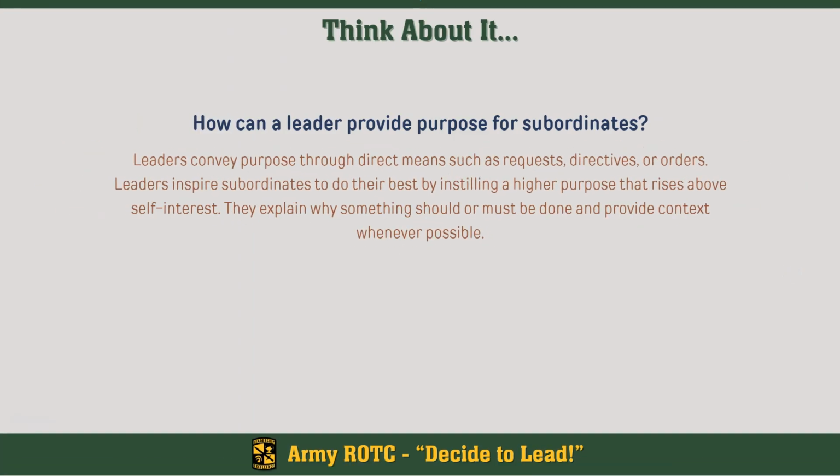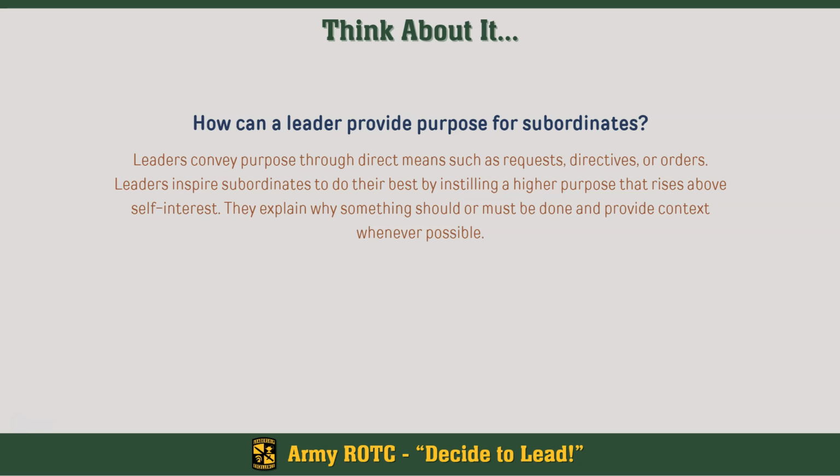All right, so now let's think about this. How can a leader provide purpose for their subordinates? How can they provide that big picture, that context, the reason for getting things done? Well, we do it in several different ways, right? First, we can convey that purpose through direct means. We request things, we direct people to do things, or we give orders. That's one way, and sometimes the purpose is underlying within those requests, directives, or orders.